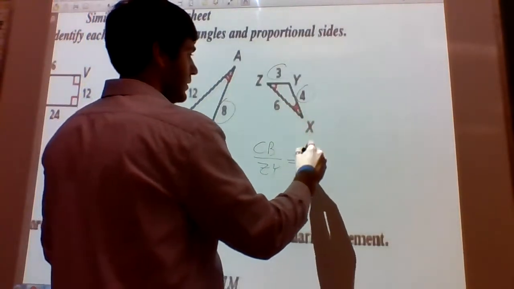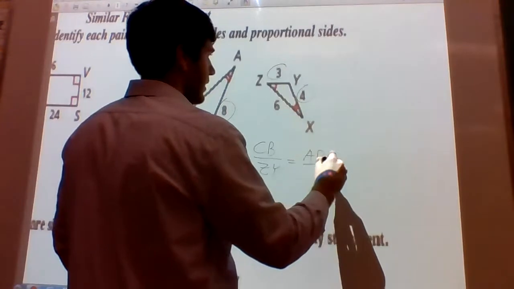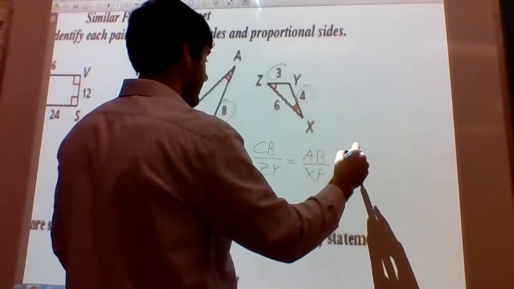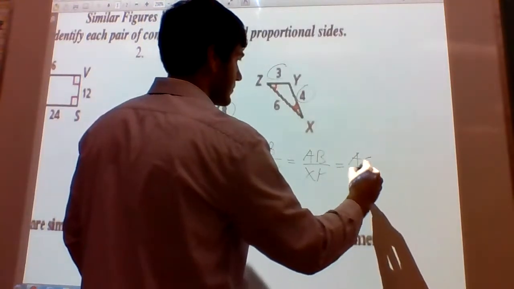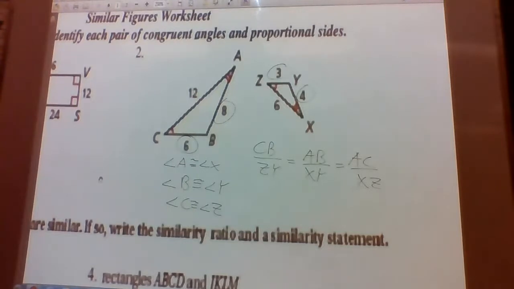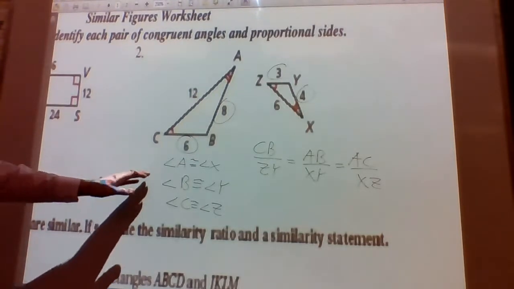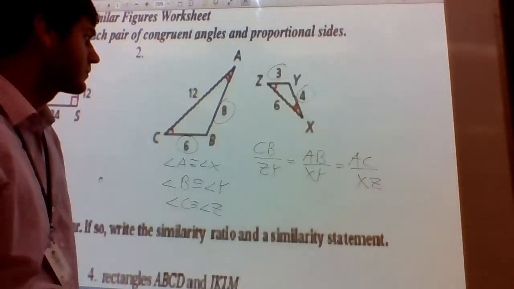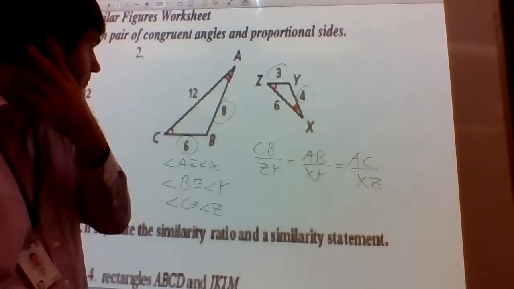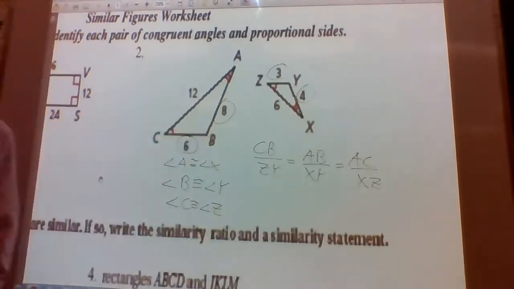So we know that AB and XY are corresponding sides. And lastly, AC and XZ are corresponding sides. So there's our proportions. Here's our congruent angles. And then we would see all of these are going to equal 1/2. The scaling factor here would be 1/2.